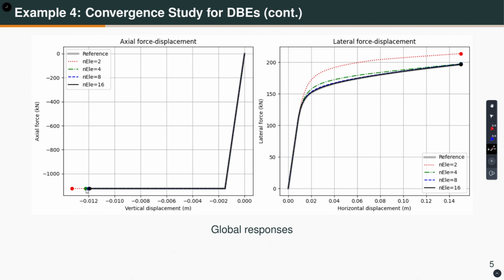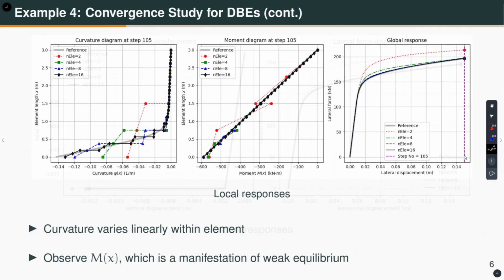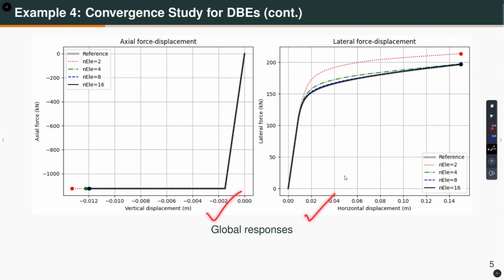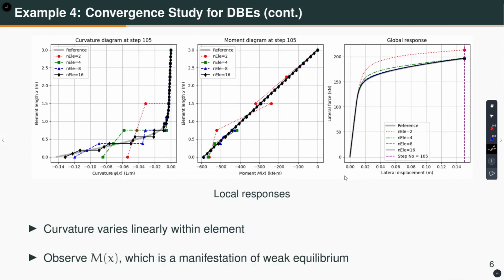On the other hand, for the lateral force versus lateral displacement, you can see this is for 2 elements, then the green is for 4, and then eventually it is converging. It is matching with the reference solution as you keep increasing the number of elements. These two are global responses. What happens to the local response?